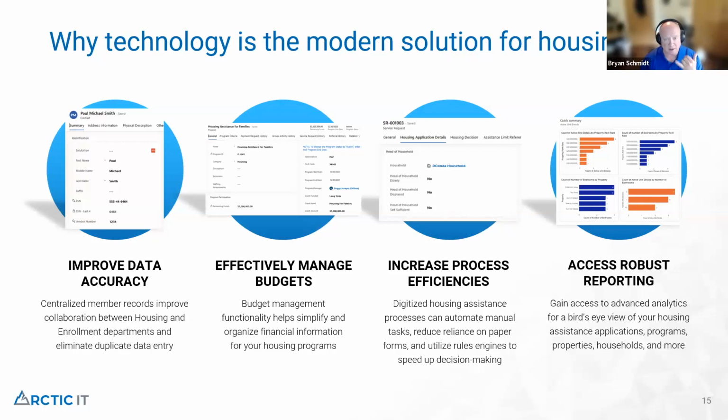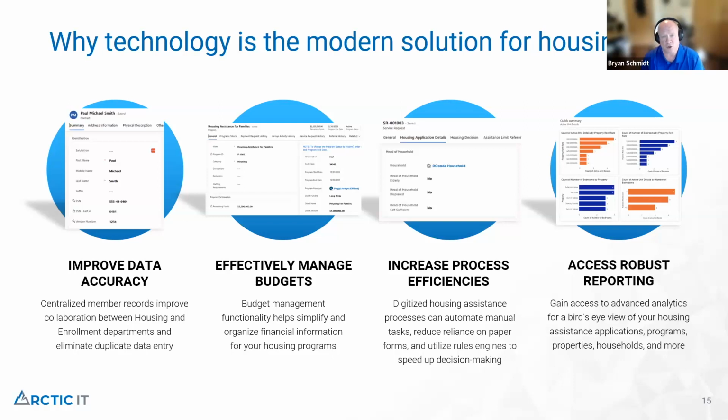No need to make that phone call every time you see an application or a new unit becomes available to re-verify that the details of their record are accurate. The teams are working together seamlessly to make sure that the data is accurate and up to date.